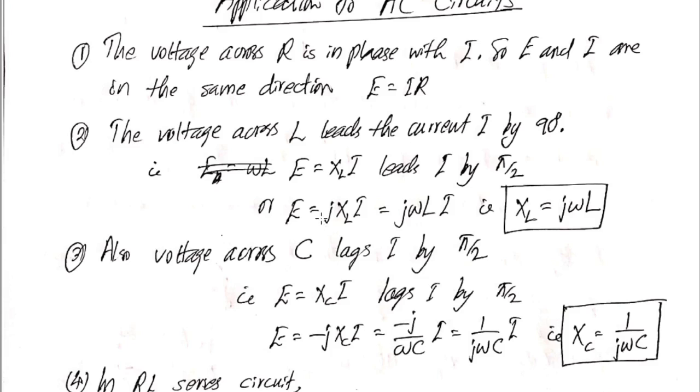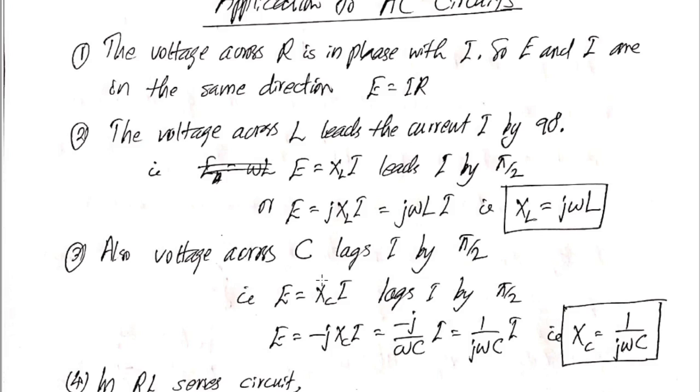So we have to multiply by j. So E will be equal to j XL I, or j omega L into I. Or we can say that the inductive reactance XL is actually a complex reactance. It is equal to j omega L. The magnitude of that inductive reactance is omega L.